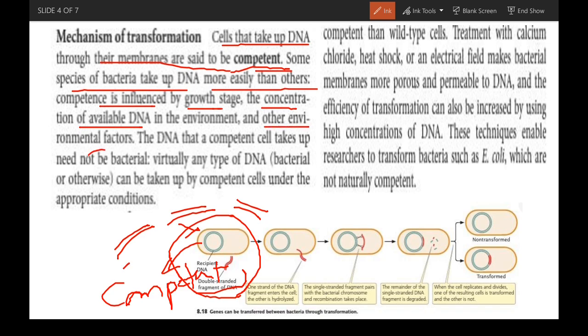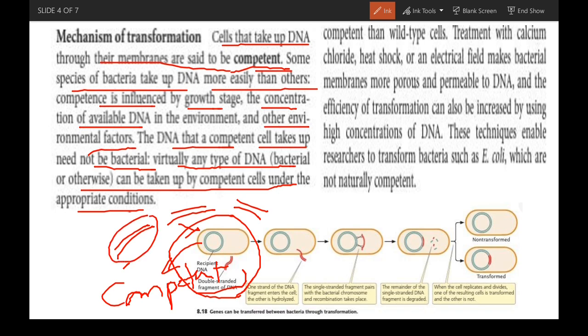There are also other environmental factors. The DNA that a competent cell takes up need not be bacterial. Virtually any type of DNA, bacterial or otherwise, can be taken up by a competent cell under appropriate conditions. It can be eukaryotic or bacterial.